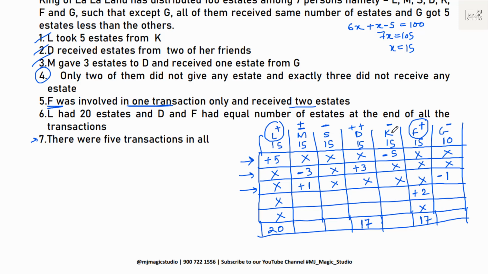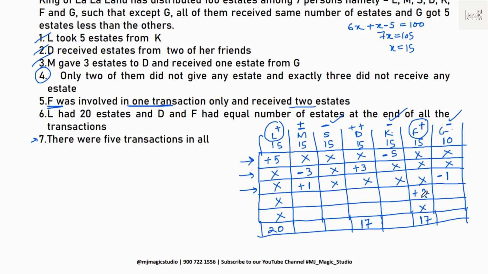Done. Now we have D, and exactly 3 did not receive any estate. S did not receive any estate. K is not receiving any estate. G is not receiving any estate. These are the 3 people who are not receiving a single estate. Now we can see that plus 2, G is over. This plus 2 minus should go with either S, if S is sacrificing, or the balance should come here.